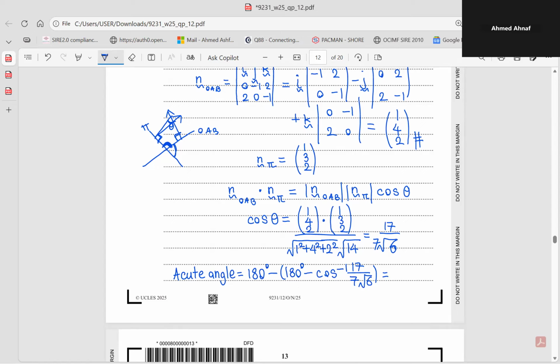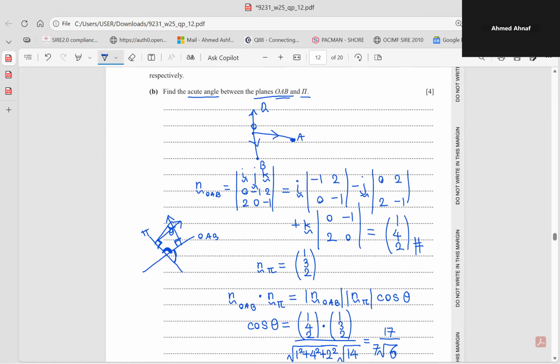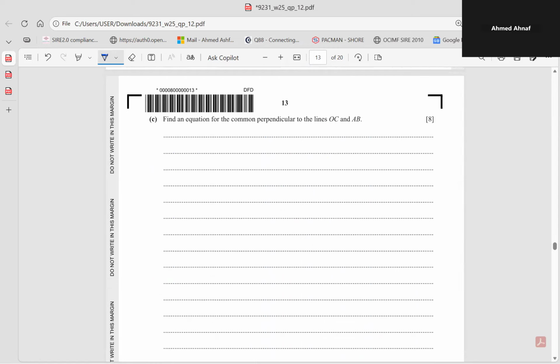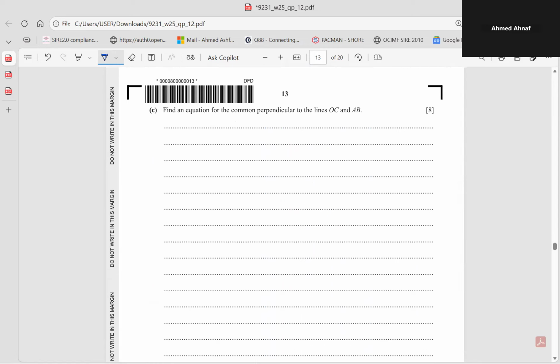So in degrees, that is 7.5 degrees to one decimal place. So yeah, this would be our final answer for this part. Let's move on to the next part.